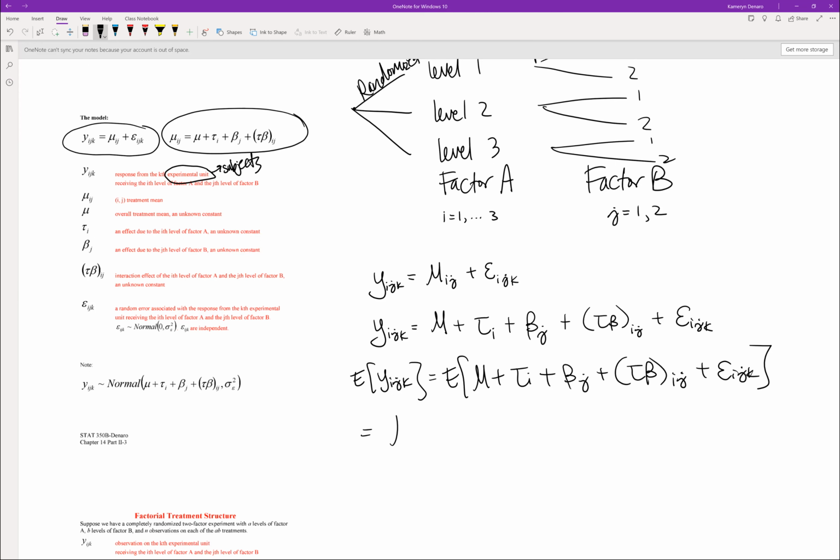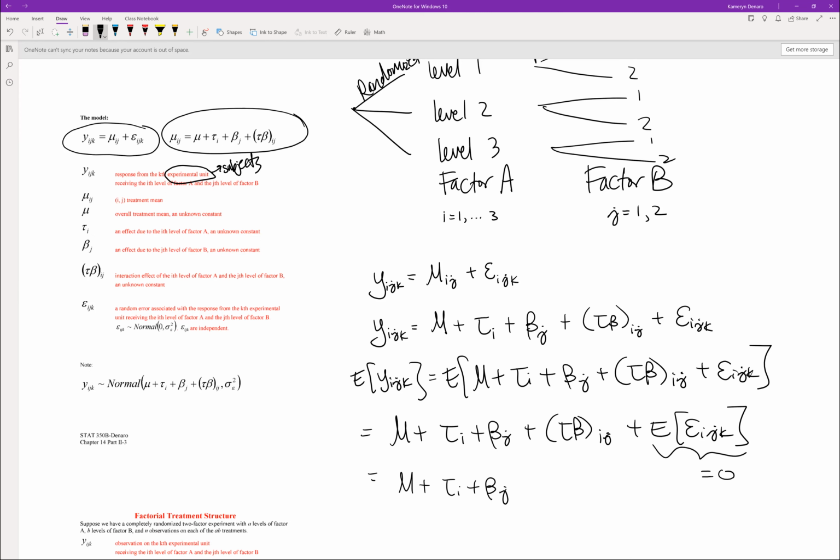And that is equal to mu plus tau_i plus beta_j plus tau beta_ij plus the expected value of epsilon_ijk. We know this expected value is equal to 0. So you're just left with the mean for the y_ijk's: mu plus tau_i plus beta_j plus tau beta_ij.